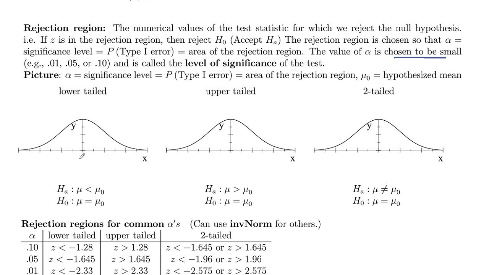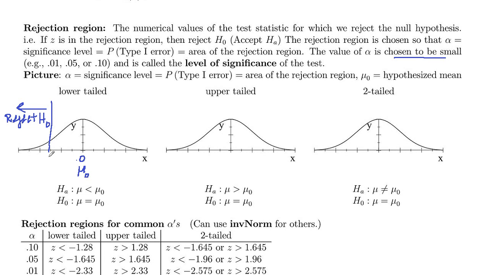So you've got your hypothesized value here in the middle, a mean of mu 0, and that's got a z-score of 0. And if it's a lower-tailed test, your rejection region is going to be on the left. So if your test statistic, the z-score of your sample data, falls over here, you reject H0.